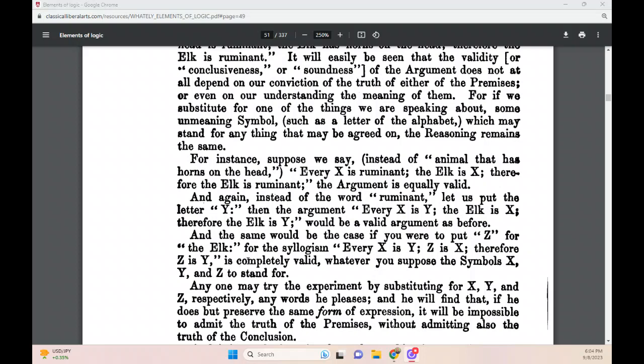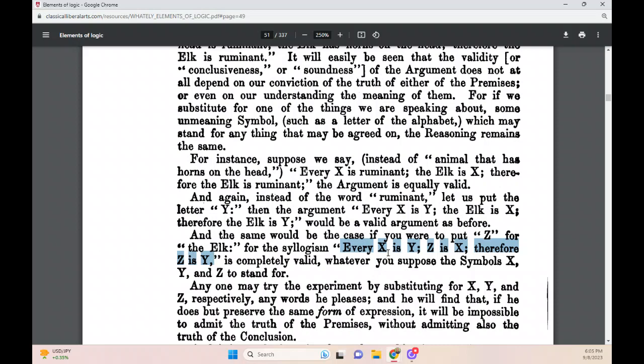This statement is completely valid, whatever you suppose the symbols X, Y, and Z to stand for. So we have this formula here. This is the formula of a valid argument. Every X is Y, Z is X, therefore Z is Y.